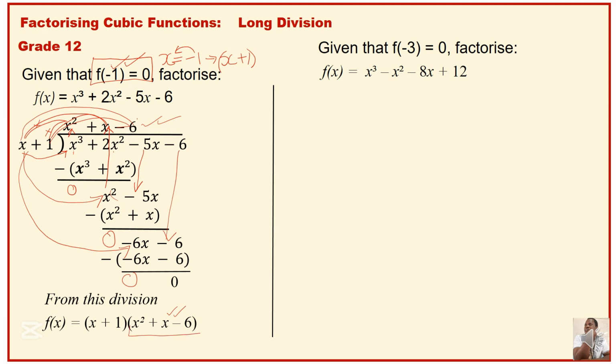We can simplify the quadratic expression and express it in 2 brackets. And that completes the factorization of the expression f of x is equal to x cubed plus 2x squared minus 5x minus 6. Here, we have applied the method of long division to factorize it.